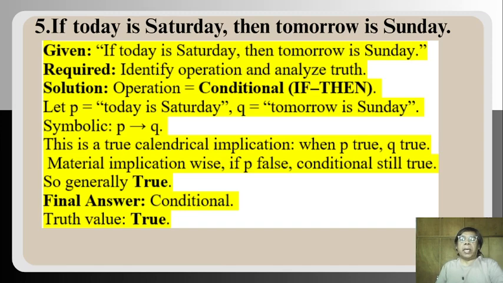Symbolically, P, arrow to the right, Q. This is a true calendrical implication. When P is true, Q is true. By material implication, if P is false, the conditional is still true. So, generally true. The final answer: conditional, and the truth value is true.